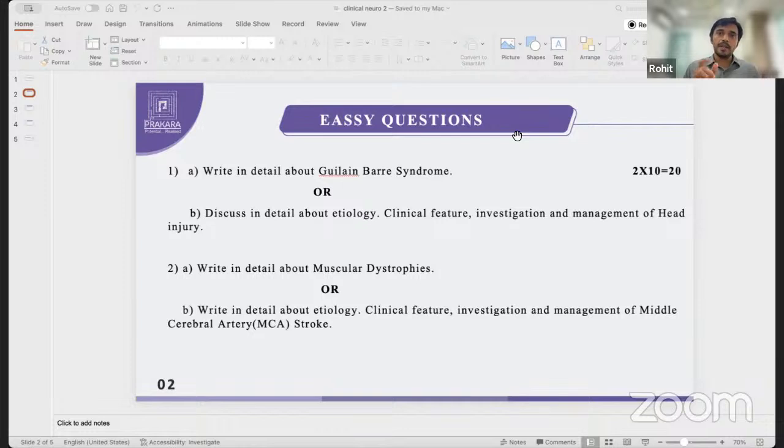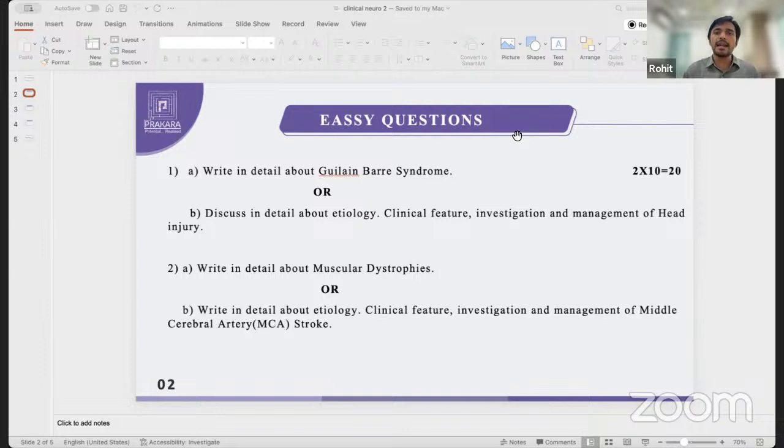That is, in CSF, the protein levels are elevated while the cell levels, which is the WBC counts in CSF, tend to be normal. So this is called cytoalbuminological dissociation, where the albumin, that is protein levels, are elevated, but the cell count remains normal. So this is another test that will add to our diagnostic certainty.